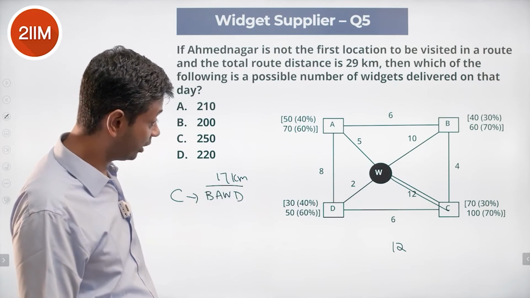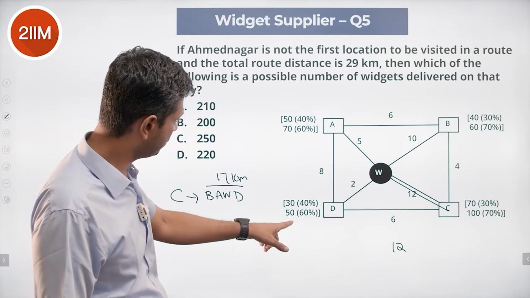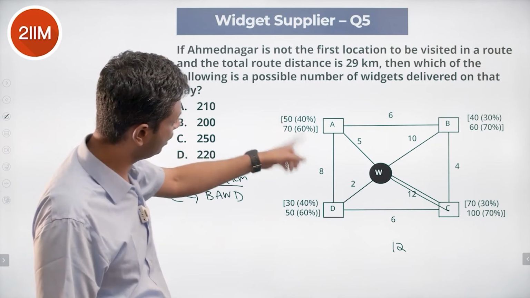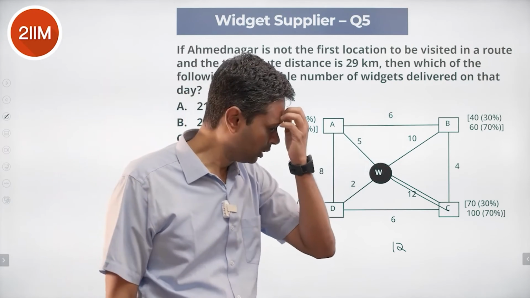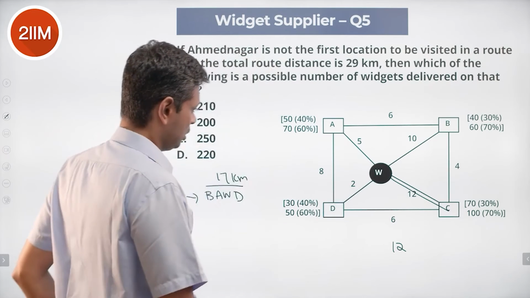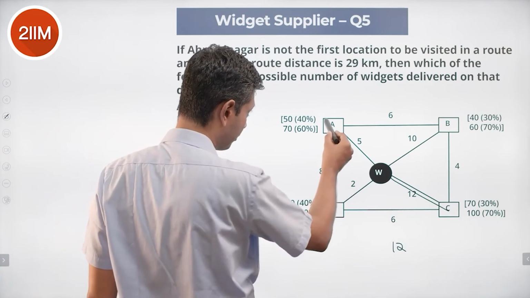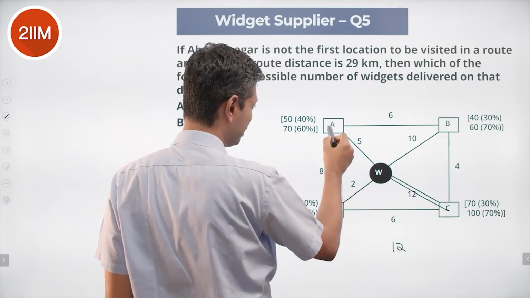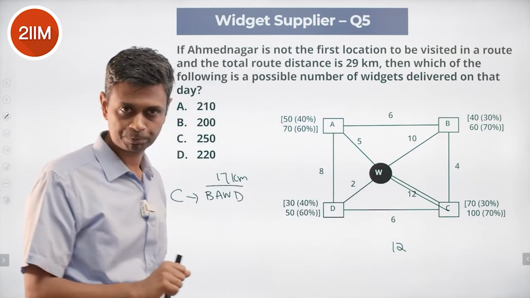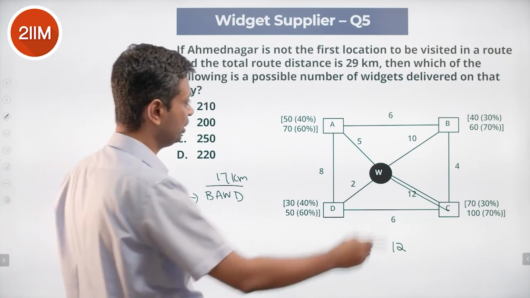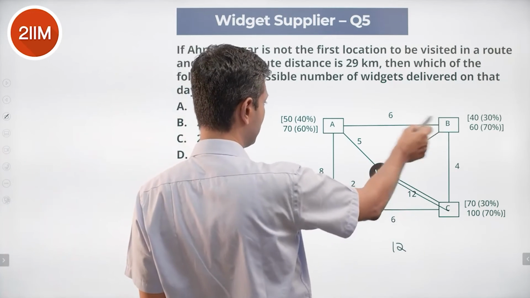I could end up going to D because this could be 50, that could be 50, that could be 40. Yeah, that's possible. But let's calculate the distance. If I go to D, my next step should be A and then B. 6 plus 8, 14 plus 6, 20. That's not working. Right? From C, I could be forced to go to B, A, W, D.